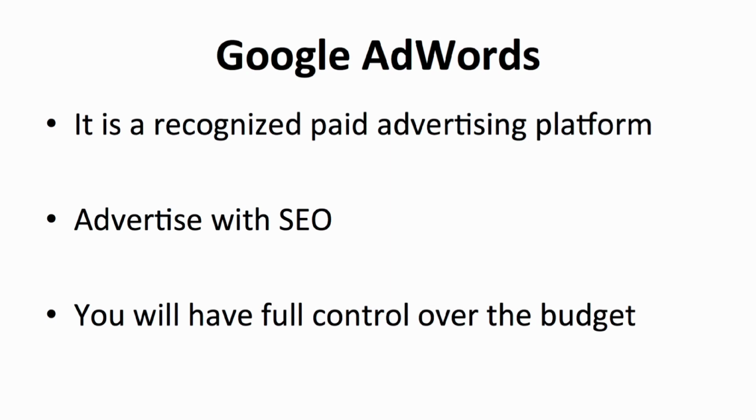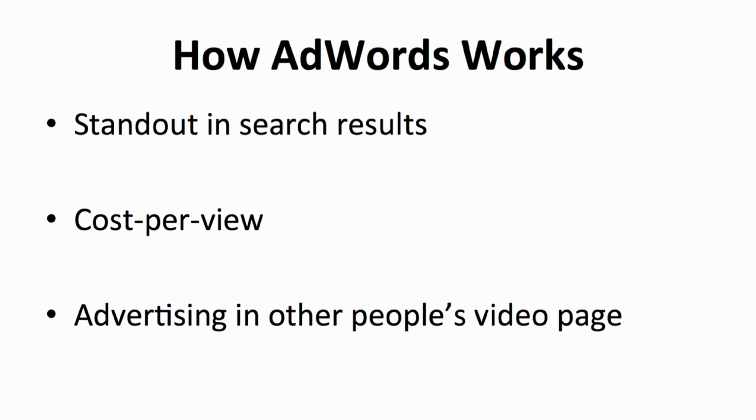With Google AdWords, the budget you are going to spend for this is fully under your own control. You get to set your own daily budget for the ad campaign, which I will talk about later on in this video as well. When all the criteria of your site have met all the requirements by Google, your video will stand out in the search results.